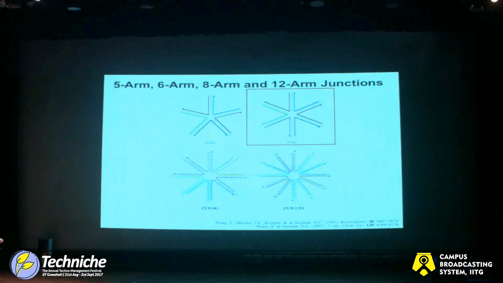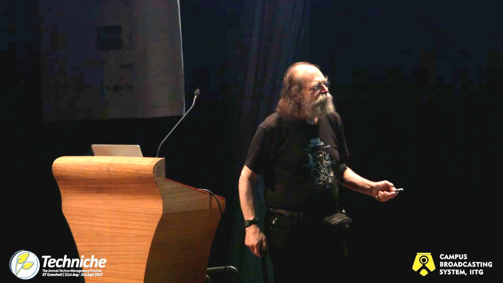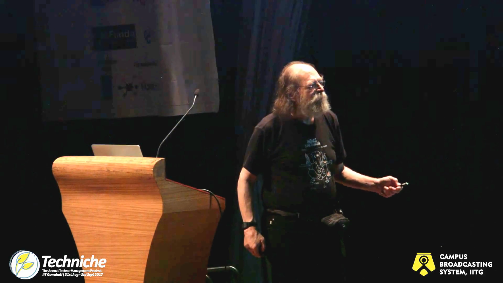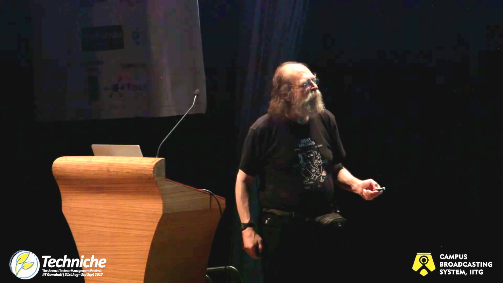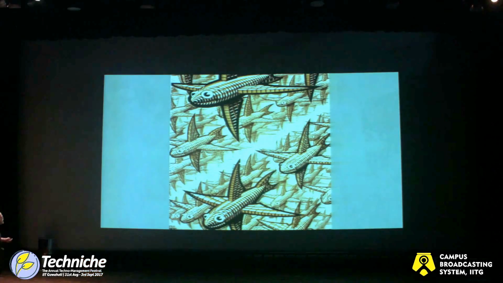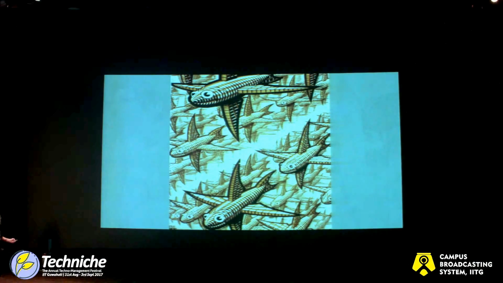Now, when I walked into the bar, I was thinking of them sort of like this, just a more or less planar object, because it's easy to draw it this way. But while I was having my beer, I think it was my first beer, I suddenly remembered this woodcut by Maurits Escher. And I realized that these fish are just like the 6-arm junction.